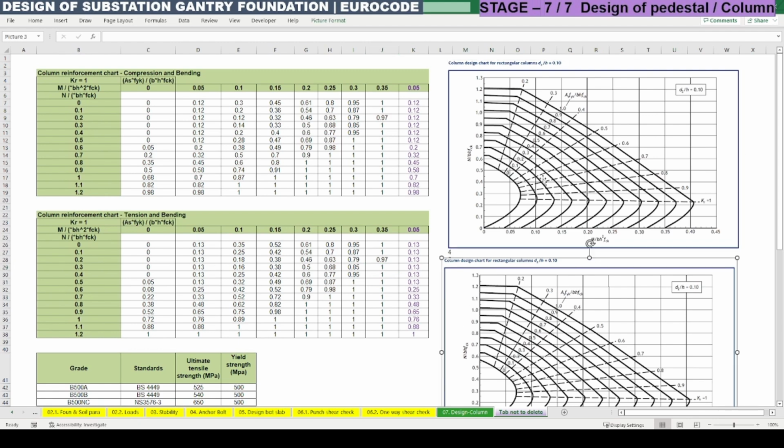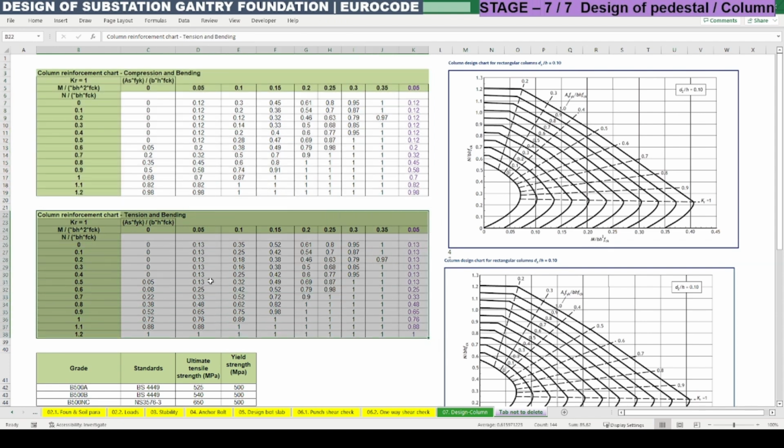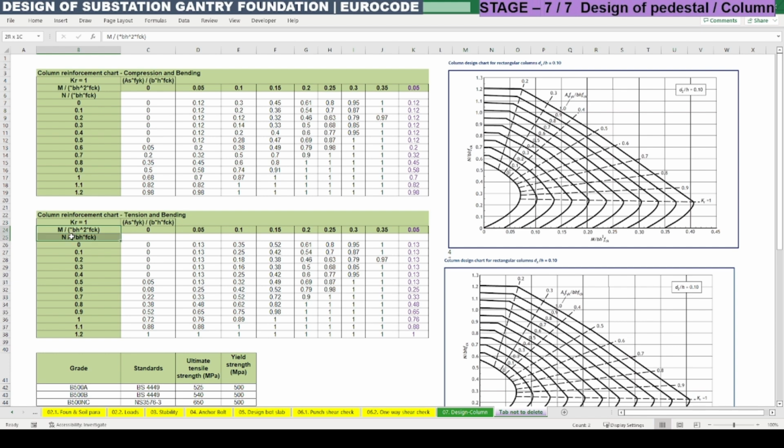So there are two charts you can see on that Excel tab, not to be deleted, which is mentioned in the name like that. The first one is applicable for compression and bending. The second one is applicable for the tension and bending. So these values are extracted and made into a tabular form in order to do some auto calculation based upon Mu by bd square fck and N divided by bh fck.